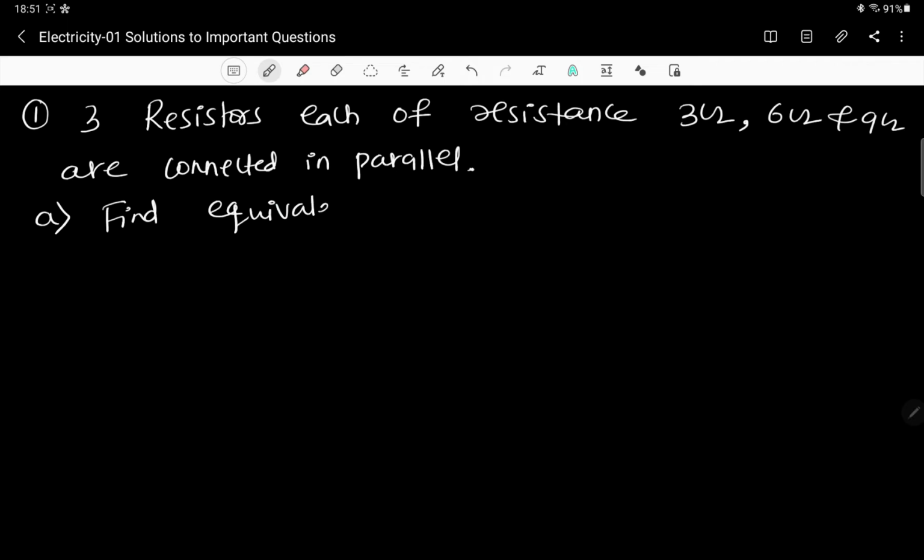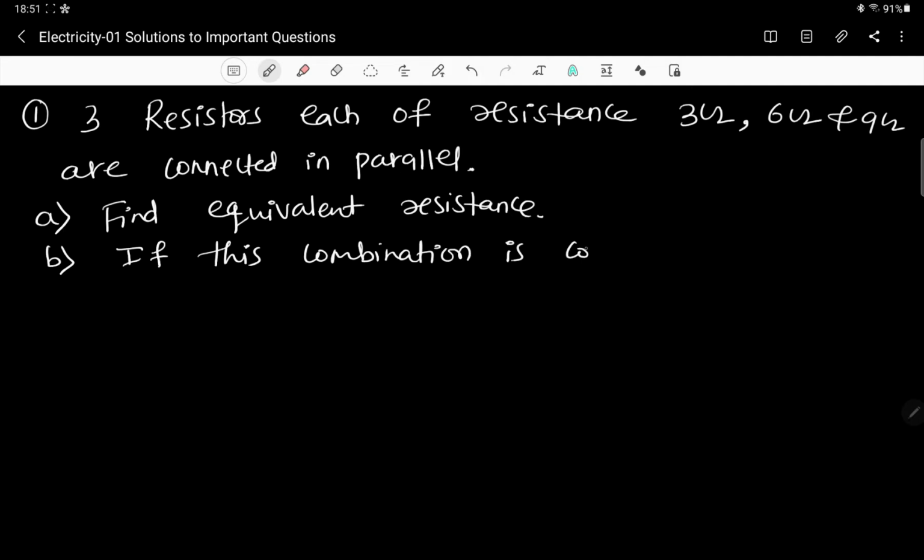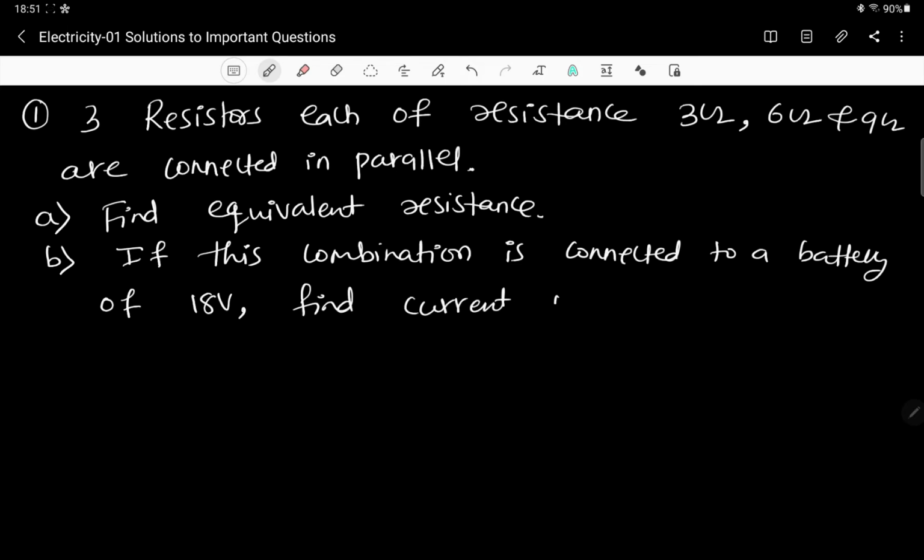What they are asking is to find the equivalent resistance. So this is the first question. And question B: if this combination is connected to a battery of 18 volt, find the current in each resistor.